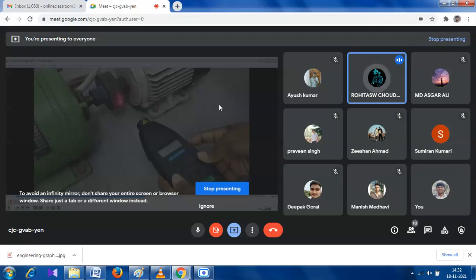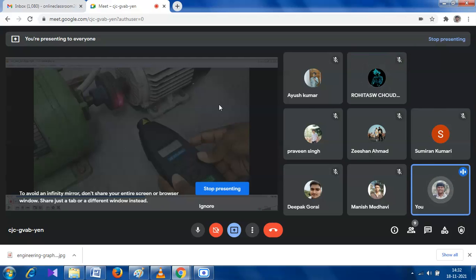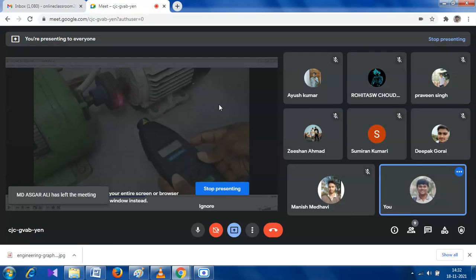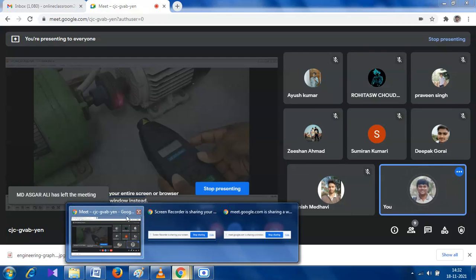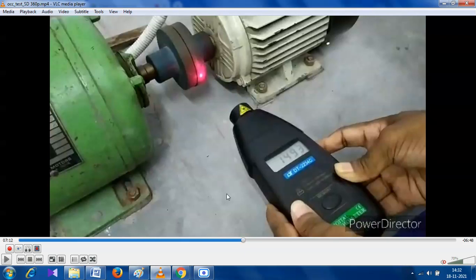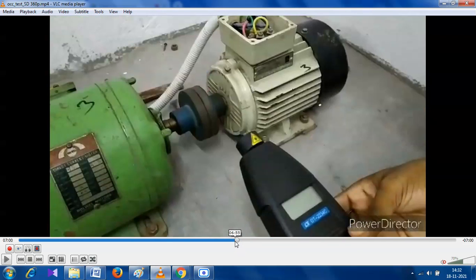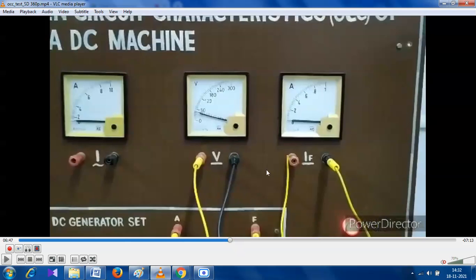Range divided by number of divisions. First we take the 0 reading and the next reading, which is 0.2, and we count the number of divisions.